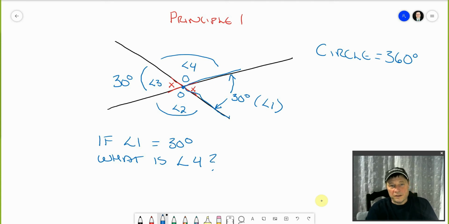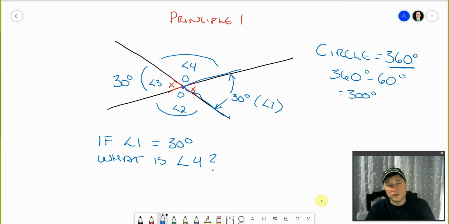So we know that these 4 angles have to equal 360 degrees. So 360 minus 30, we know that this is 30 because these are equal. So 360 minus 60 equals 300 degrees. So we know that angle 4 and angle 2 total is 300 degrees.